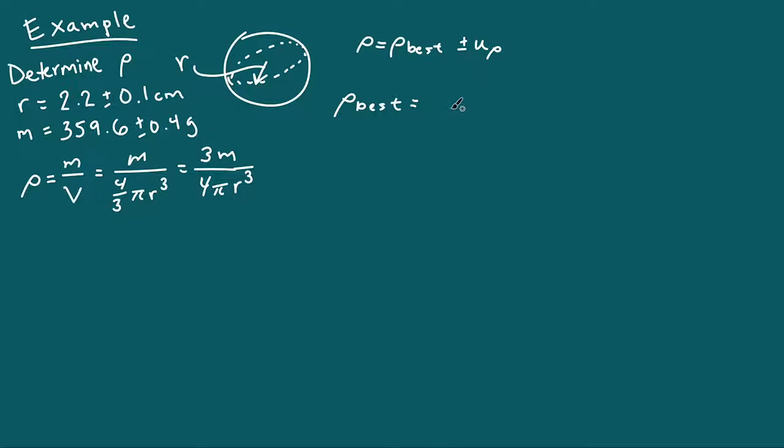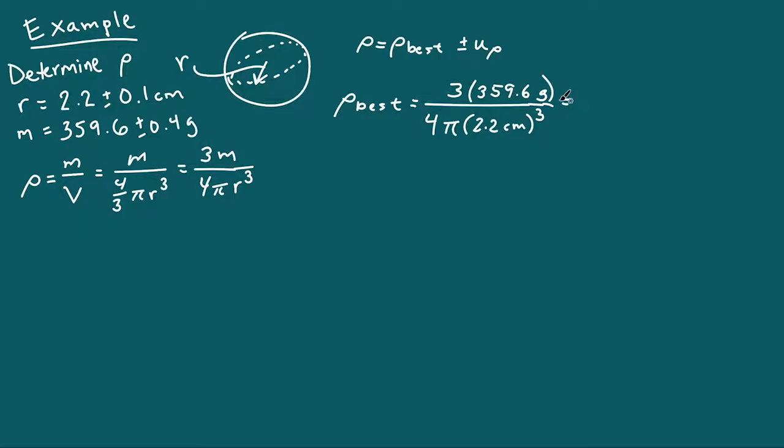To get the best value, we take that function, and we're just going to plug in the best values we have for the variables. So the best value for r is 2.2 centimeters, and that is cubed. And the best value for the mass is 359.6 grams.